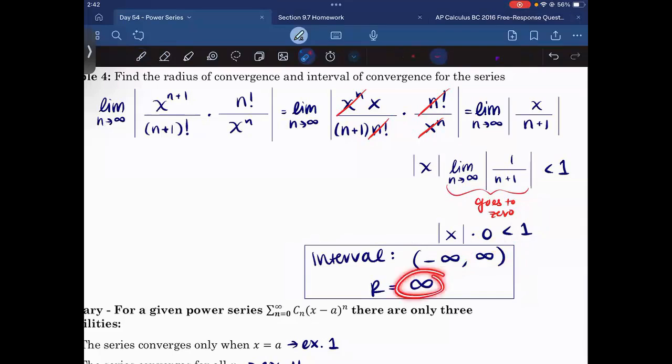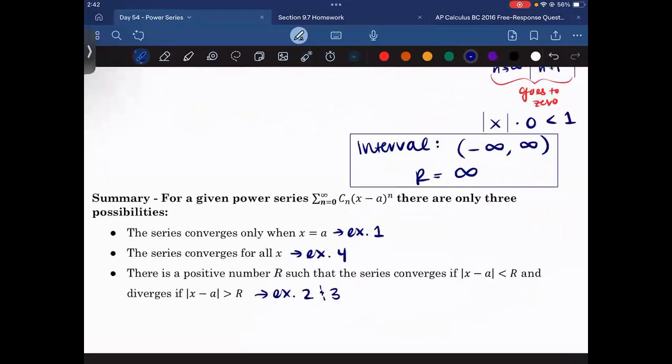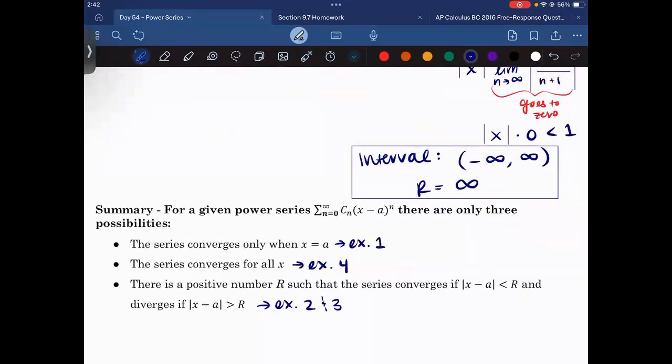And then our radius is also infinity because we don't have actual intervals. So it's just a summary of what we just did. There are three possibilities. Example one is when x equals a, the one we just did, where it's converging for all, and then when it has an actual number, which is examples 2 and 3.